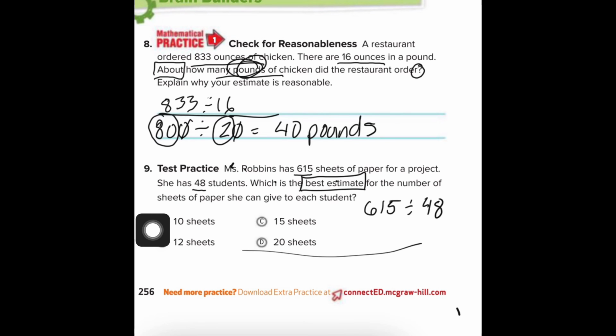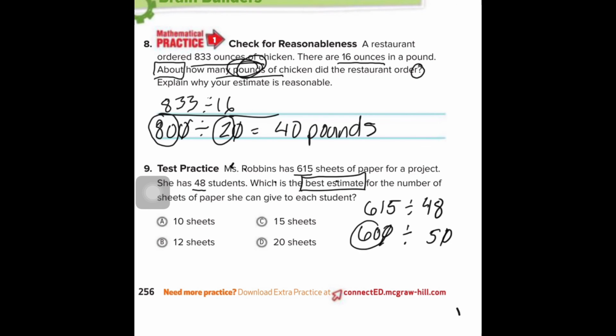Now remember, we can take 48 and that's the divisor and we can round that. So let's round that to 50. And I'm going to change 615 to 600 because I know I can cross off a 0 and 60 divided by 5 equals 12. Do you see that answer there?